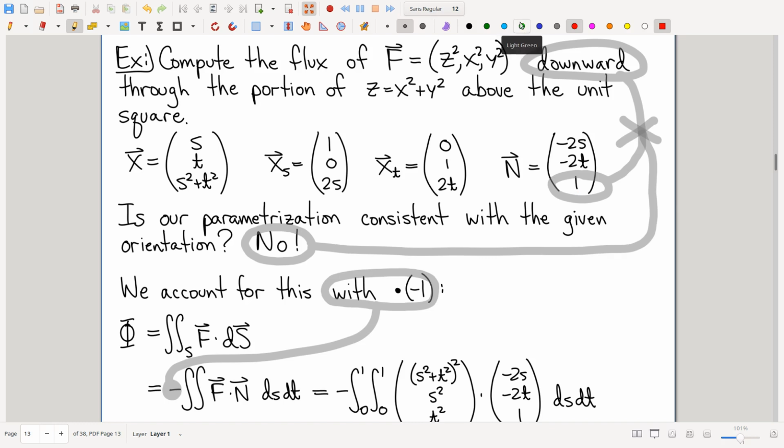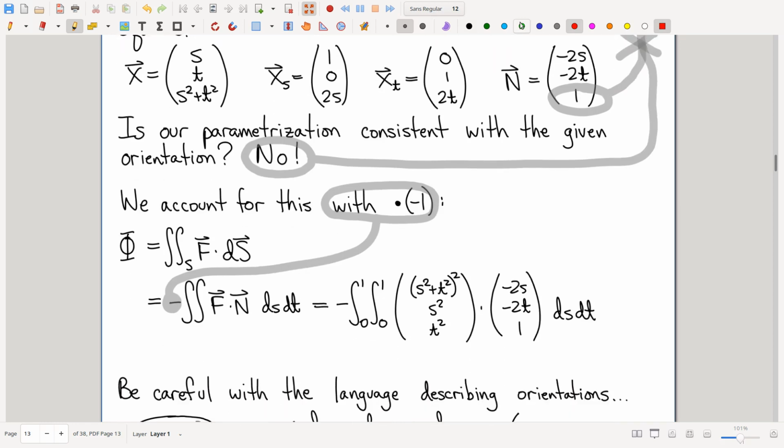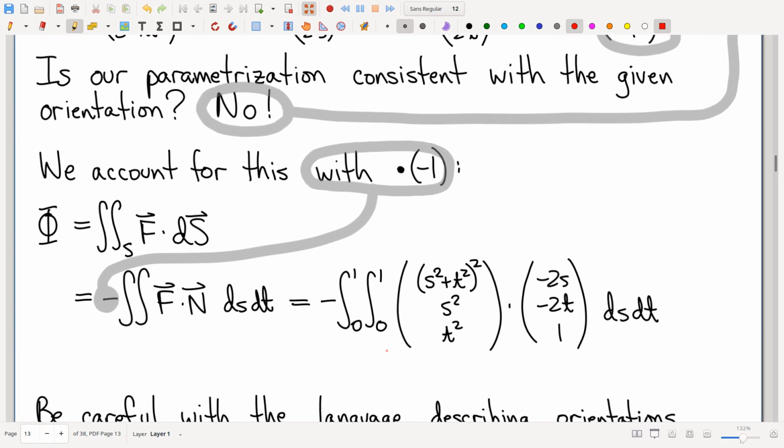So let me document which of the things that I have written down here are intrinsic to the surface, and which are results of the parameterization. Starting with, let me do green. The flux that we've been asked for is a flux through an oriented surface. That means intrinsic to the surface. This notation right here, that dS vector, includes the unit normal in the direction of the surface's intrinsic orientation.